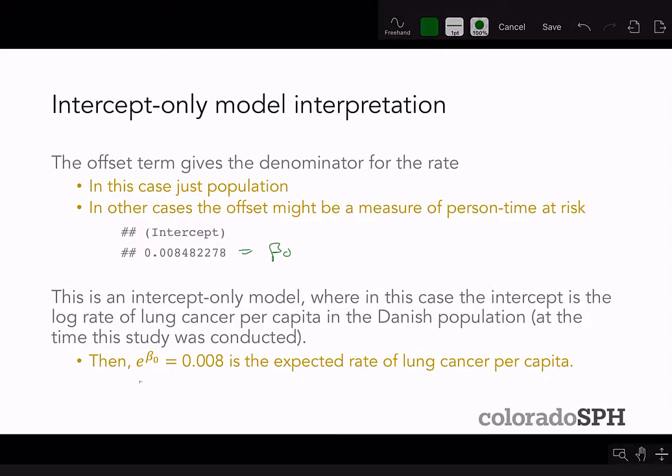So if you exponentiate that beta 0, and what you don't see from this code here is this value is e to the beta 0, not beta 0, sorry about that, then the expected rate of lung cancer for each person, or the risk of lung cancer, is 0.008.